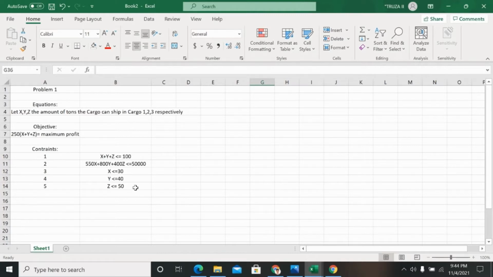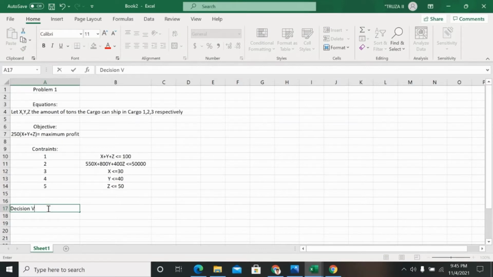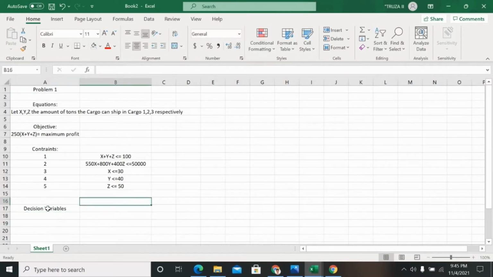To solve this using Solver Excel, we must first input the coefficients of the equations without the variables. We have the decision variables x, y, and z, and we initially let their values be 0.